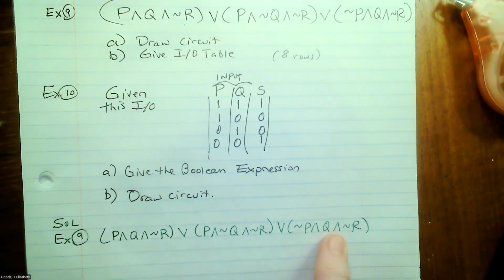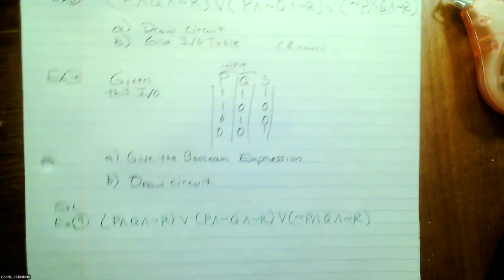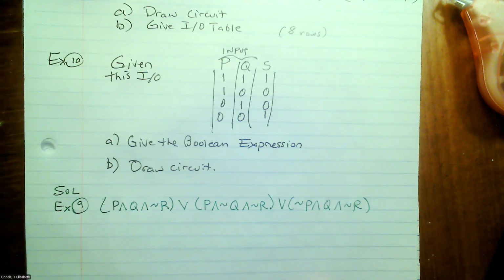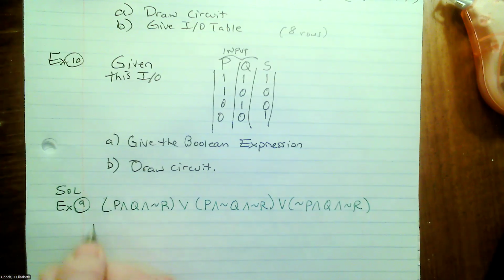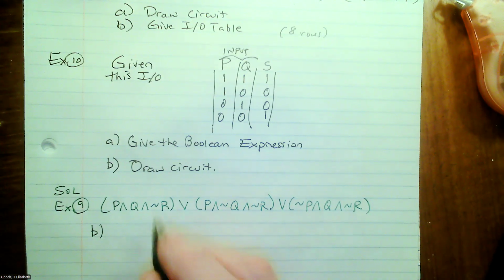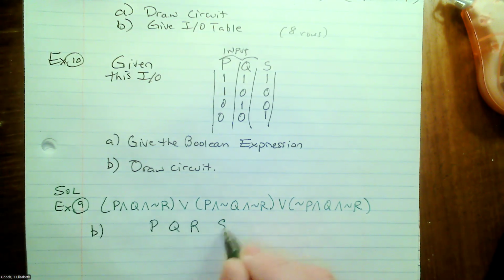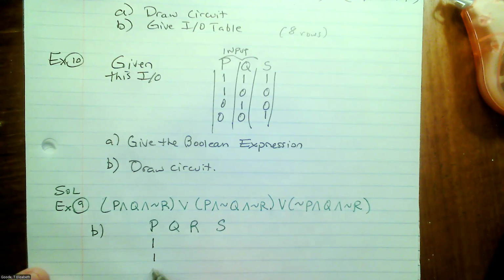This is written in what we call disjunctive normal form. Remember that phrase, disjunctive normal form? The beauty of disjunctive normal form is it gives us an exact readout to the IO table directly.